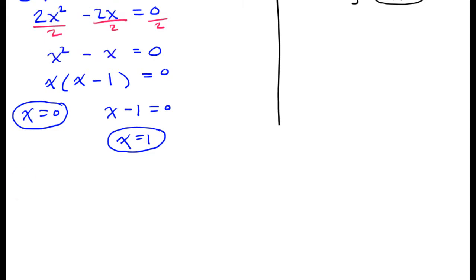As I build my solution set, here's what I have so far. Both of these are x's. So that means I have 0 comma something, and I have 1 comma something. I have these two x values, but I still need the y values to go with them.